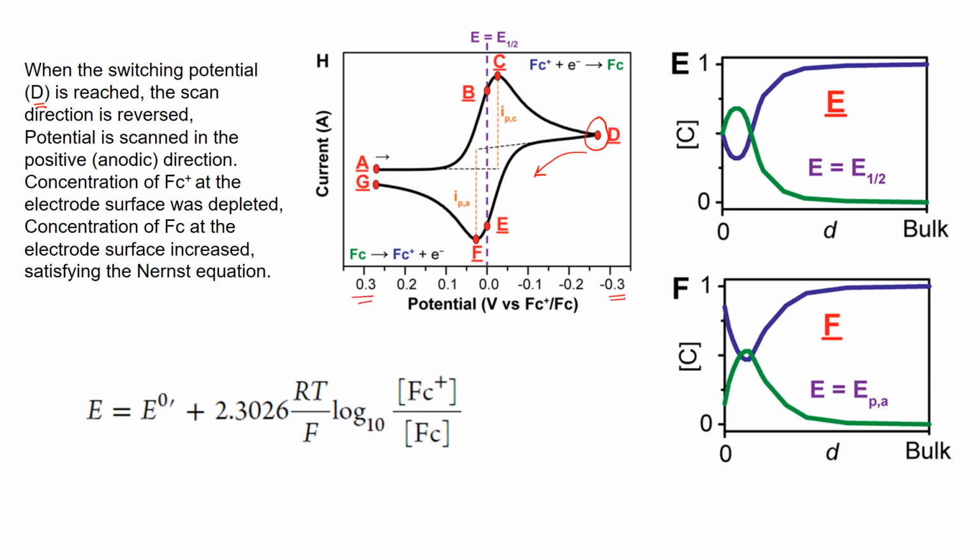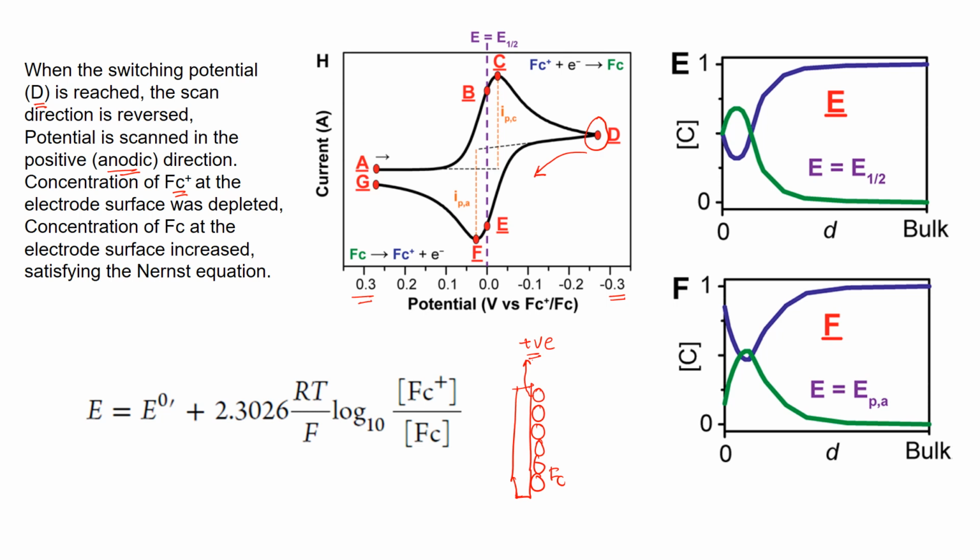So when the potential is scanned in the positive direction, which is called anodic, the concentration of Fc plus at the electrode surface gets depleted. So earlier, when the negative cycle was happening, there were Fc atoms on the surface of the electrode, and when a positive potential is applied here, the electron will be attracted towards this electrode.